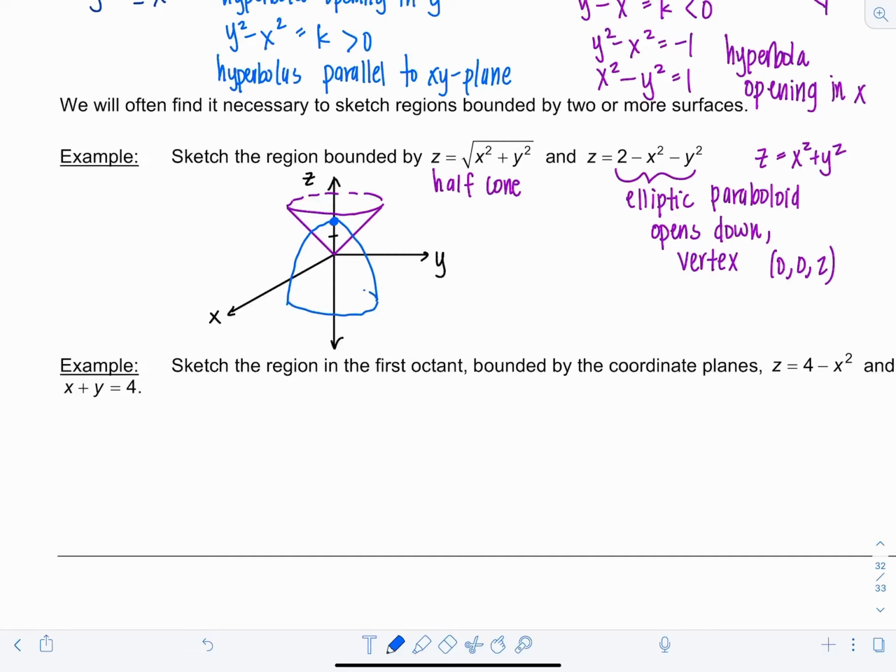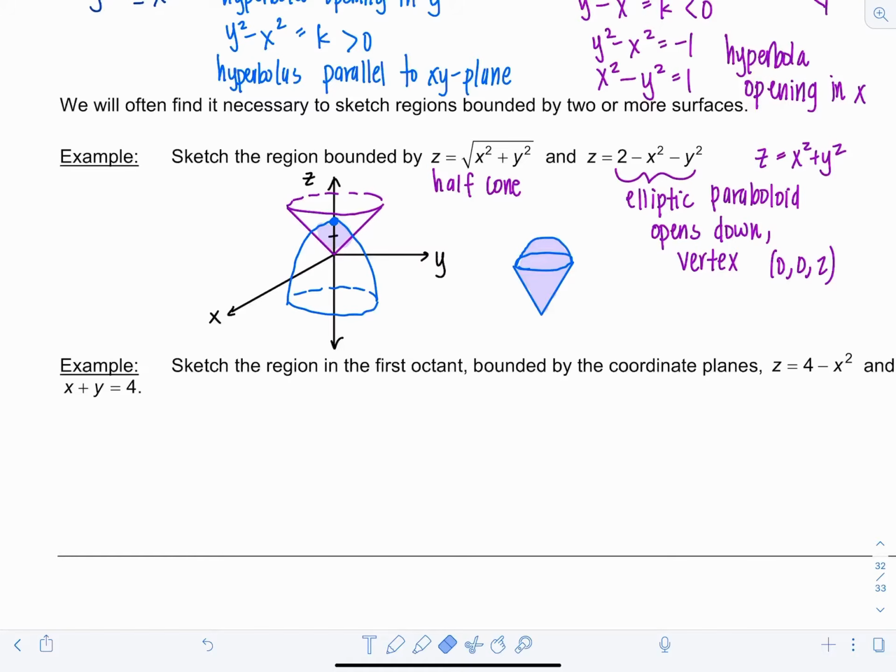Okay. So what's the region bounded by these 2 surfaces? It's going to be this portion here. If you were to zoom in and maybe do like a separate 3D sketch, it would look sort of like a snow cone, right? There's that portion from the elliptic paraboloid, and then that portion below from the cone. That's the region that's bounded.